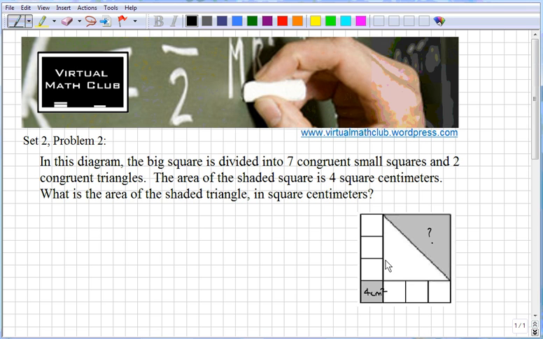Okay? And the hint I would give you is you need to know how to compute the area of a square, which you probably know. If you take the square of the side length, you get the area. So if you take the square root of the area, you should get the side length, right?